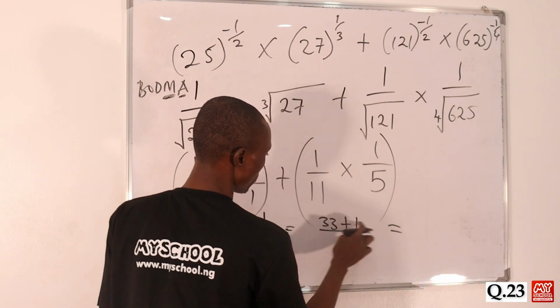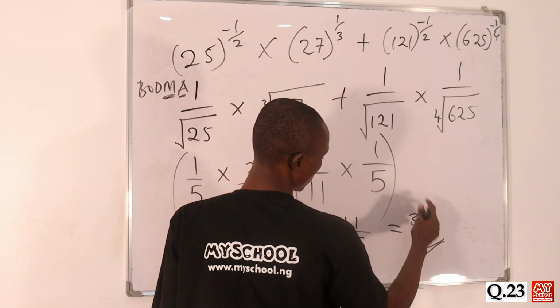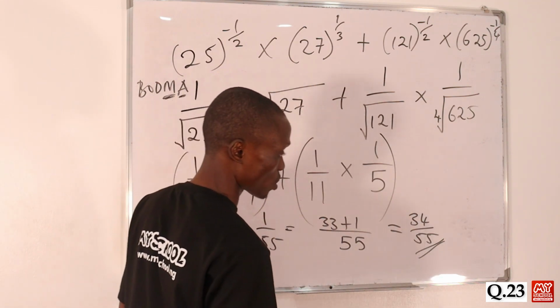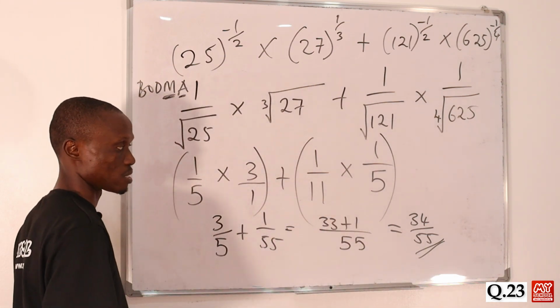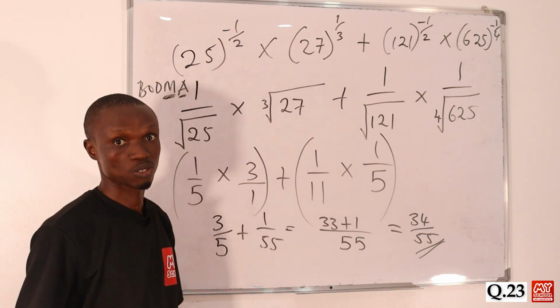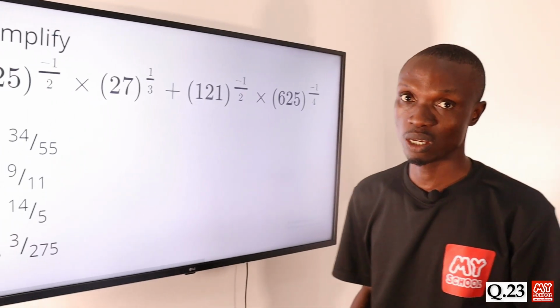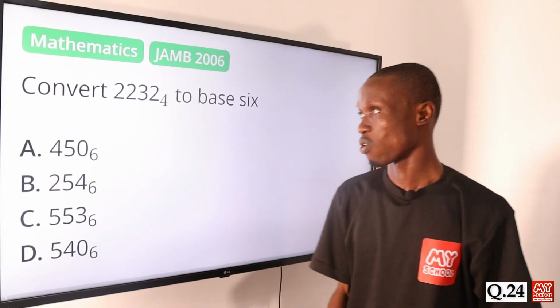So if we add the numerator, we'll be having 34 all over 55. So there's nothing that can divide 34, that can as well divide 55. So we leave our answer at that. So let's return back to the screen to pick the correct answer to this question, and that is option A, 34 over 55.